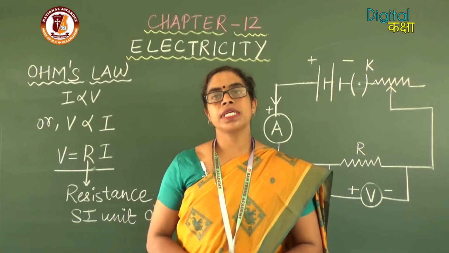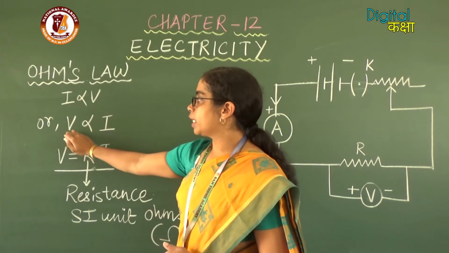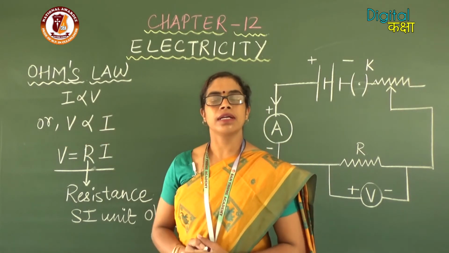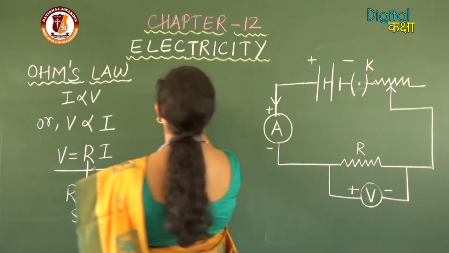The graphical representation for the direct proportionality of the potential difference and the current can be shown in the graph in this manner.